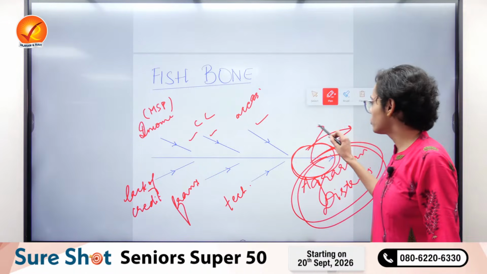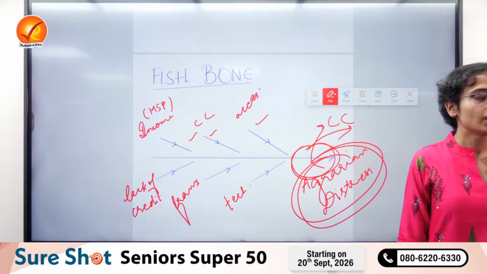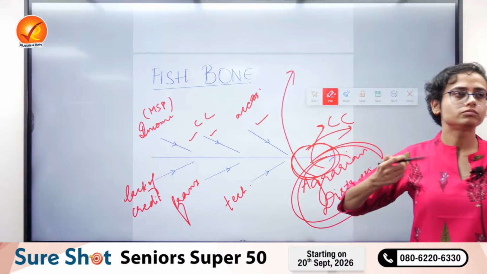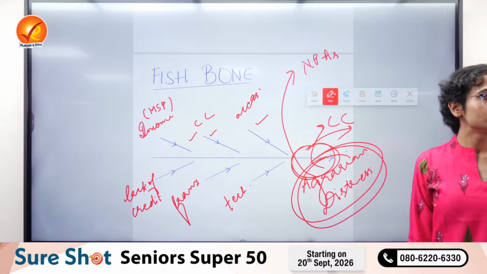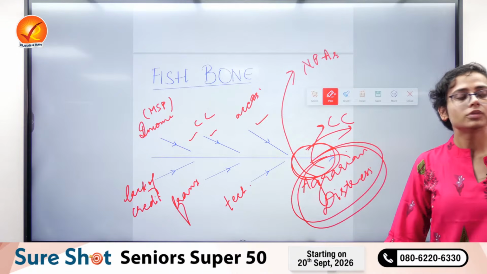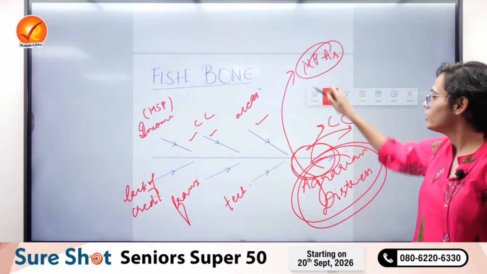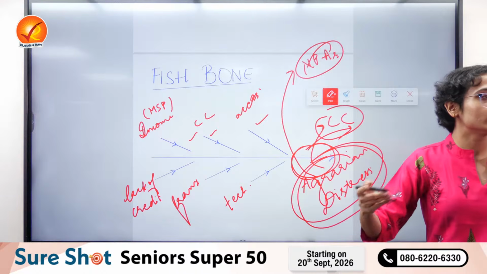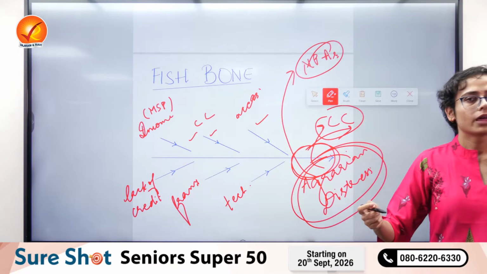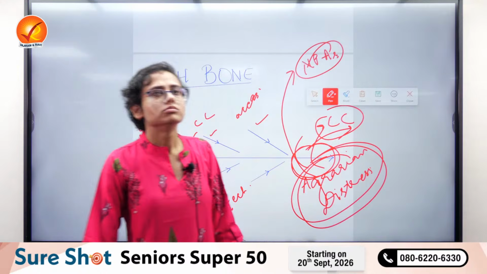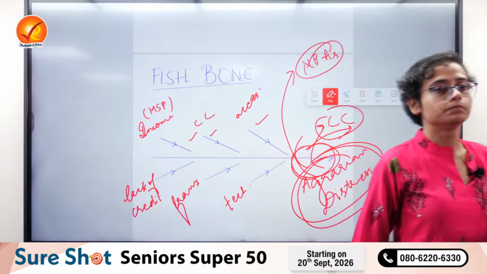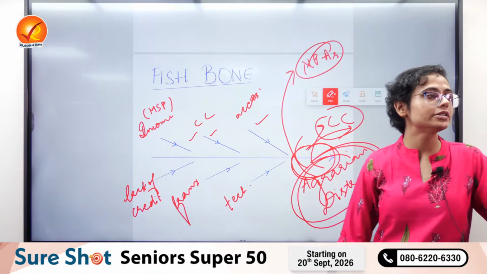Here we can also talk about climate change. We can also talk about NPAs, growing NPAs. Because these are the processes that are ongoing. Chemical fertilizers, okay. ठीक है, good point. Internal security challenges.